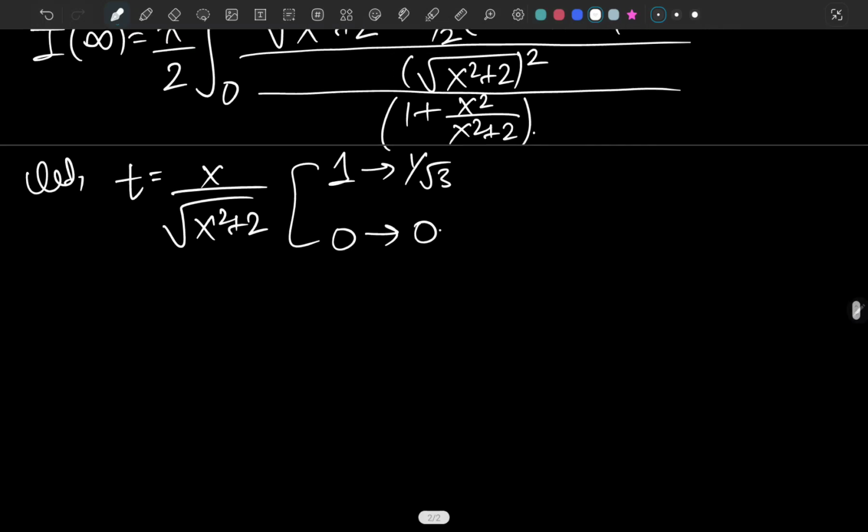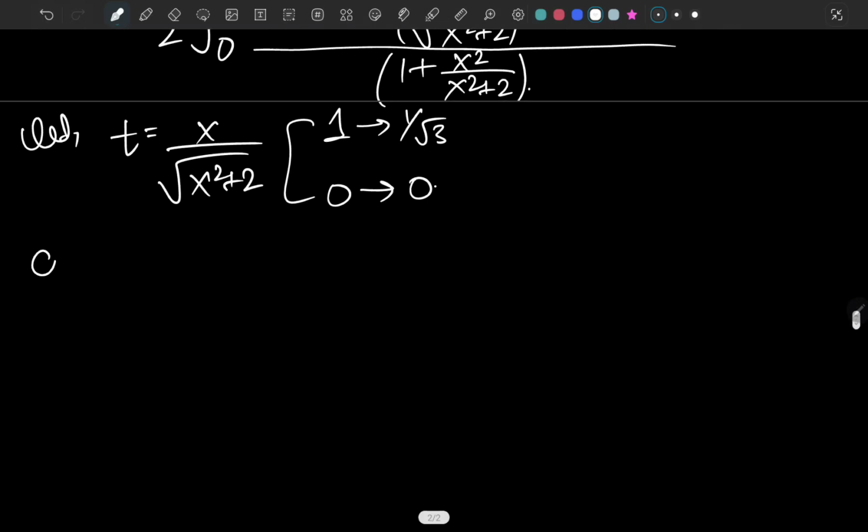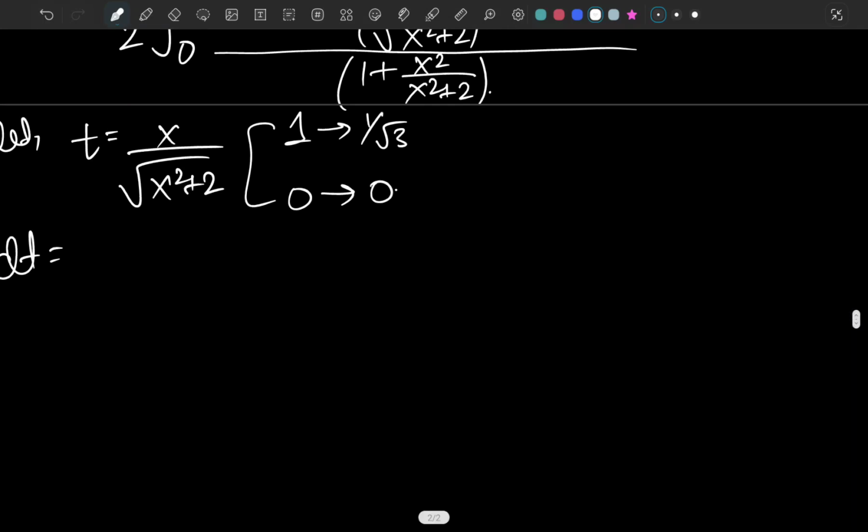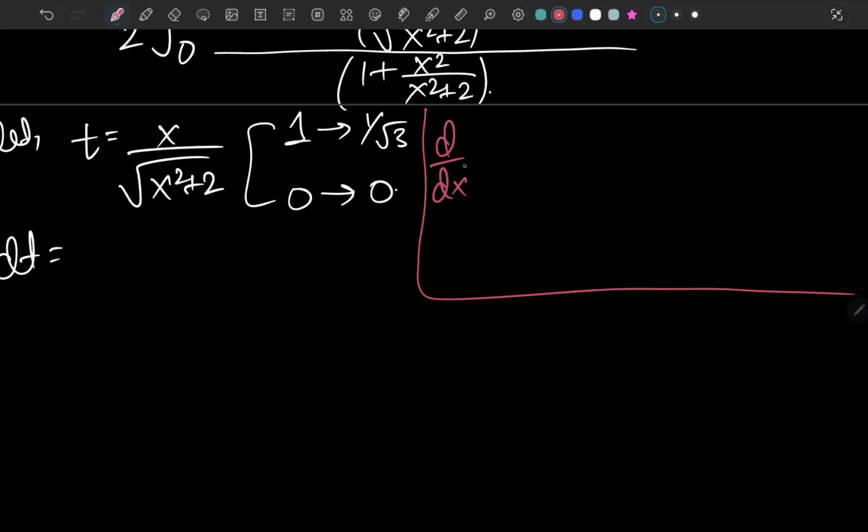When you take the derivative on both sides, dt comes out to be, you have to use the quotient rule here. If you don't know what the quotient rule is, let me just tell you right over here, don't worry. The quotient rule is, you have to take the derivative of f of x over g of x.